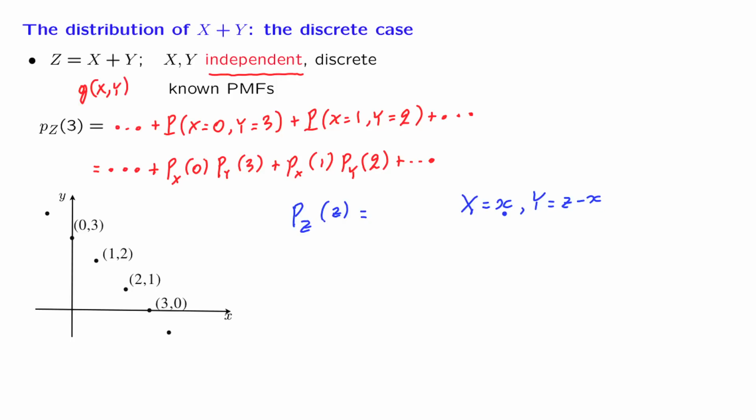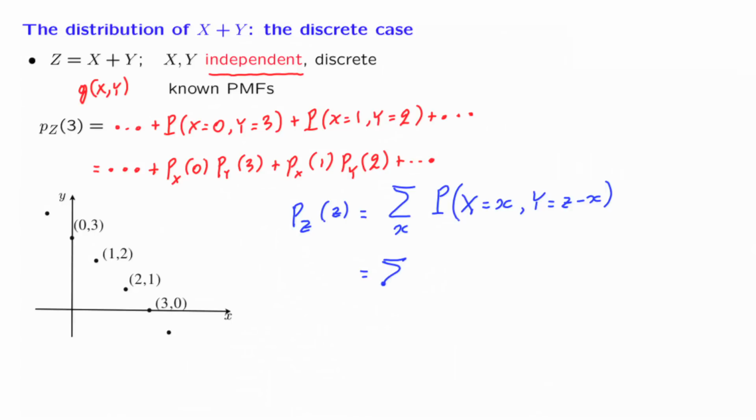For a given value of little x, we have a particular way that the sum is equal to z, and this particular way has a certain probability. But little x could be anything, and different choices of little x give us different ways that the event of interest can happen, so we add those probabilities over all possible x's.